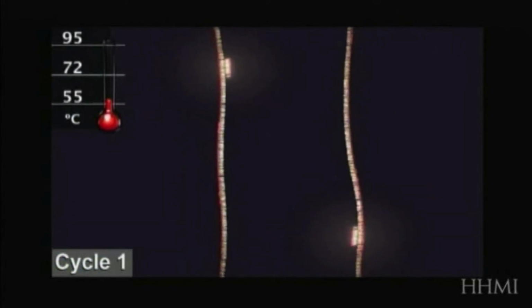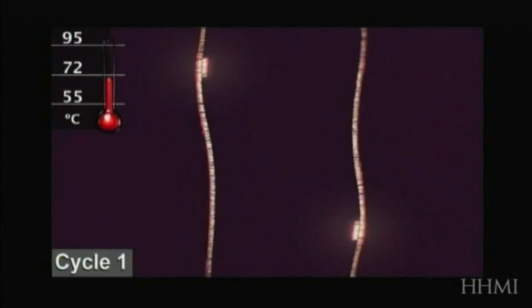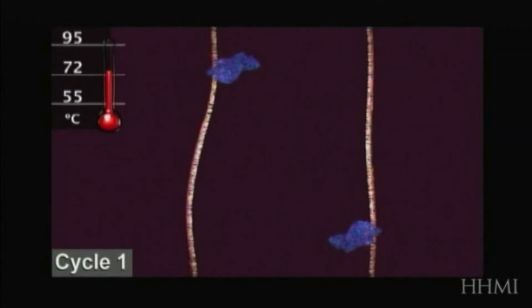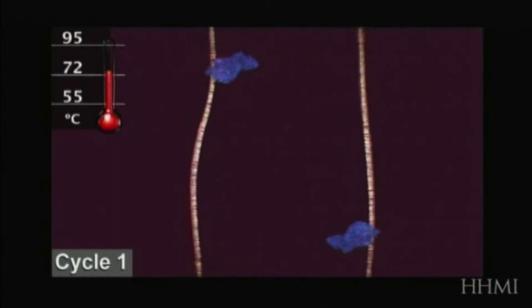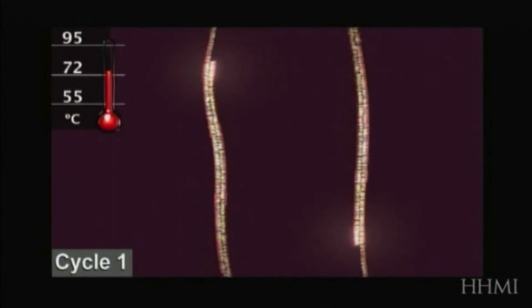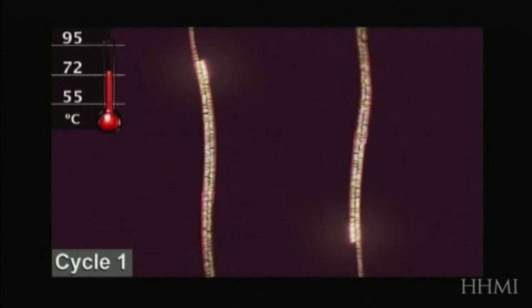The primers bracket the target sequence to be copied. At a slightly higher temperature, the enzyme Taq polymerase, shown here in blue, binds to the primed sequences and adds nucleotides to extend the second strand. This completes the first cycle.